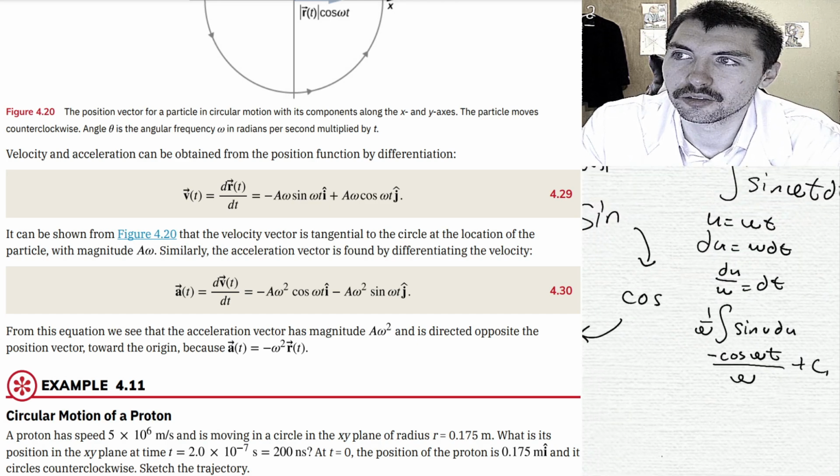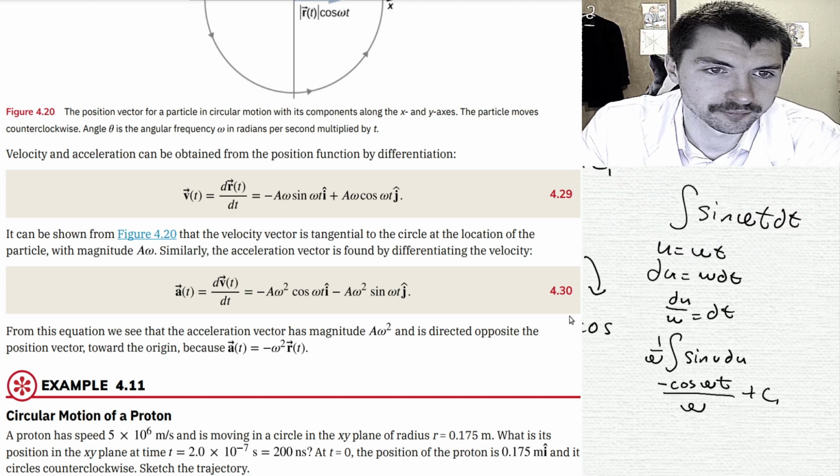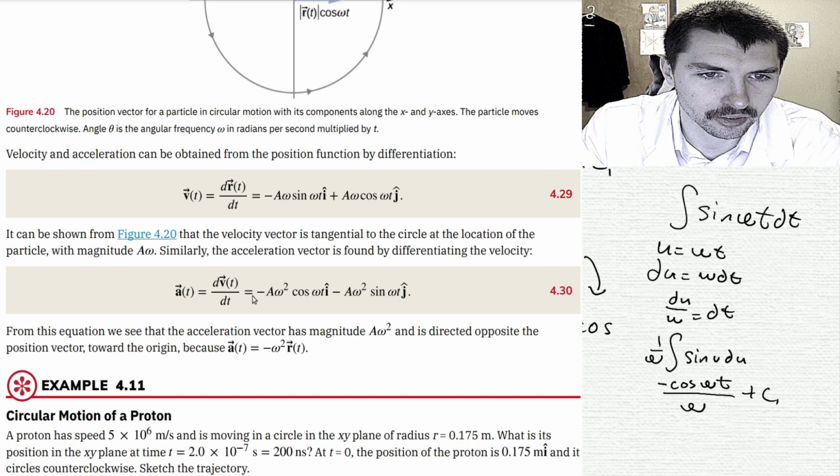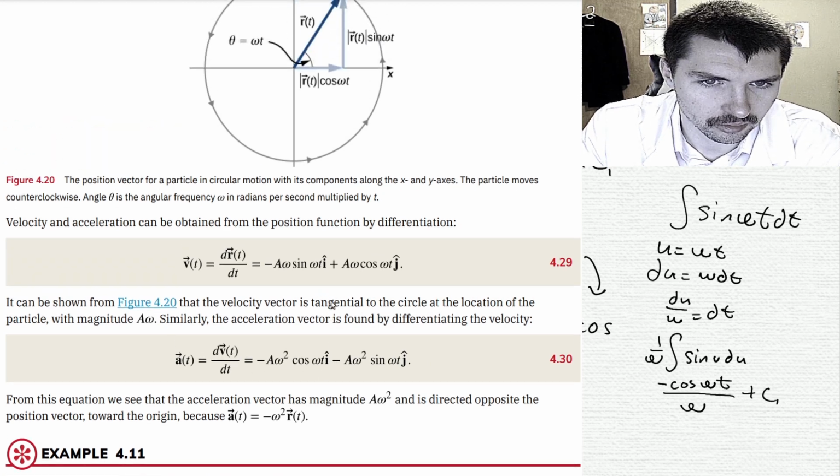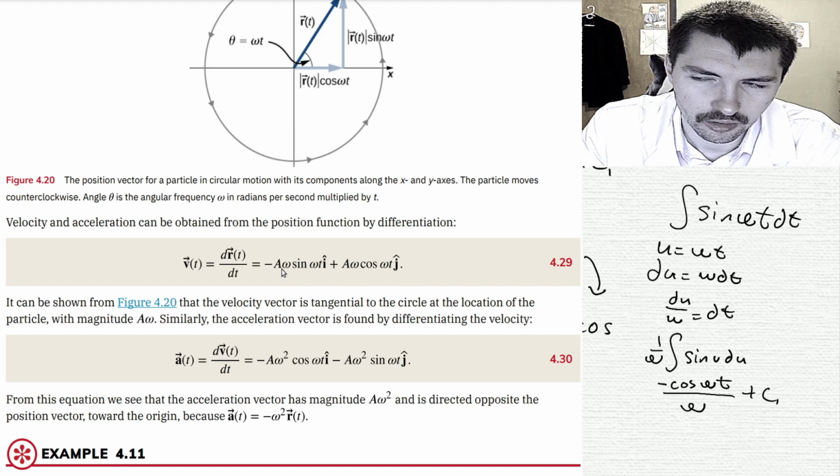Okay, so we understand how they're getting these numbers. So that's good. I wish they would have given us the position function, but no problem. So omegas would cancel out, wouldn't they?